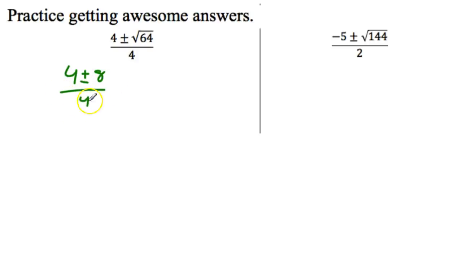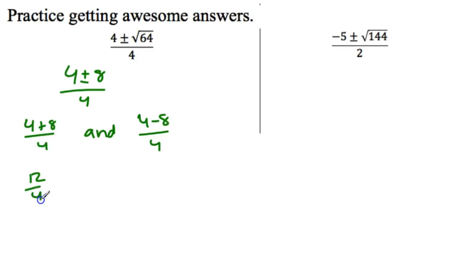If I want to break these into two things, which I'll do, I'll say 4 plus 8 divided by 4 and 4 minus 8 divided by 4. All right, these are going to simplify beautifully. 4 plus 8 is 12 divided by 4, and that's 3. 4 minus 8 is negative 4, and we divide that by 4, and that's negative 1.